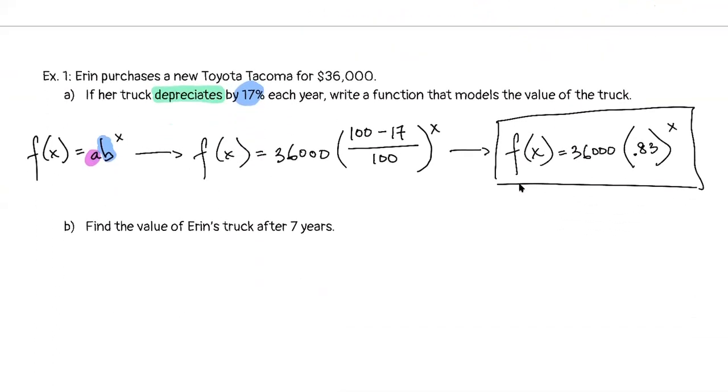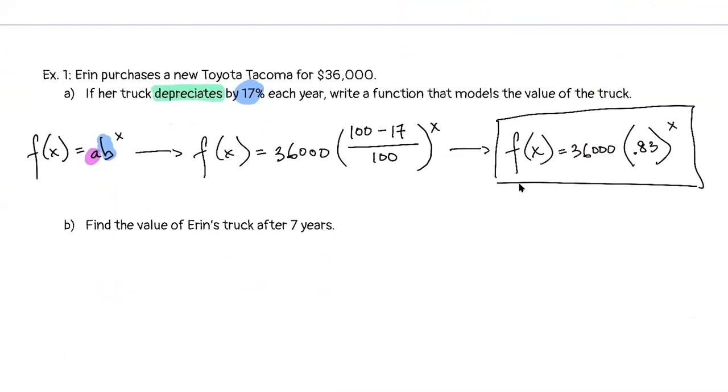So the second part to this question is find the value of Aaron's truck after 7 years. So I don't know about you folks, but I like to hold on to my cars for a while. If I'm gonna buy a car, I like to make sure that I drive it for a really long period of time so that I don't have to keep paying for a newer car, okay? So if I wanna find out the value of her truck after 7 years, where do we put the 7 in our equation?